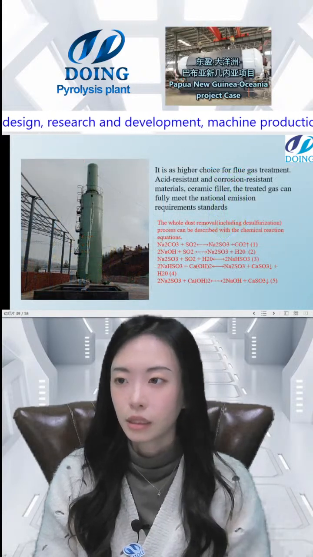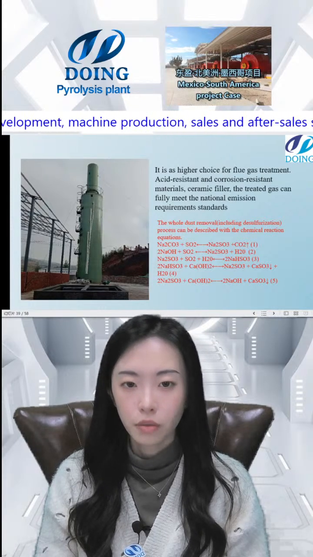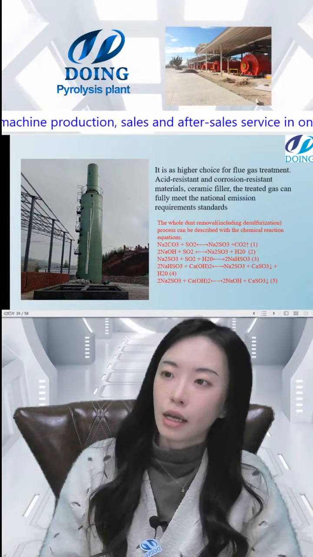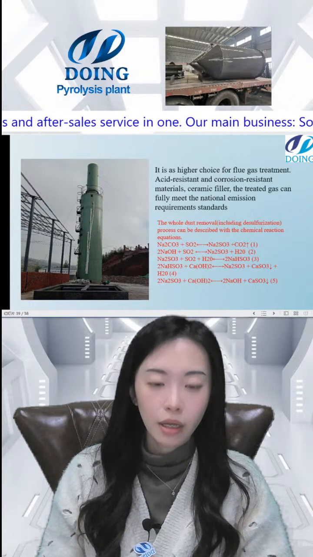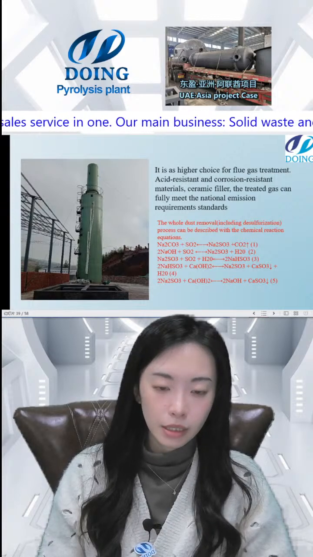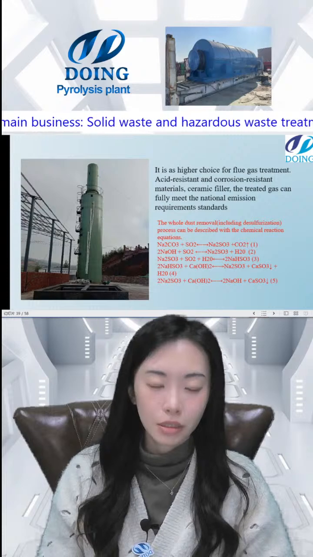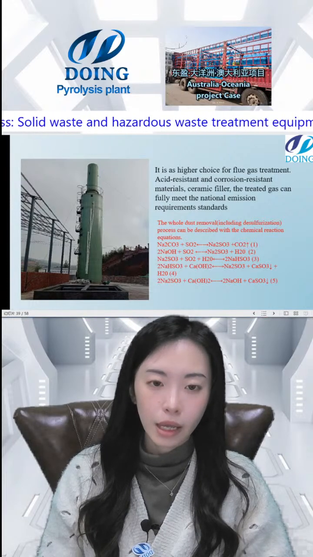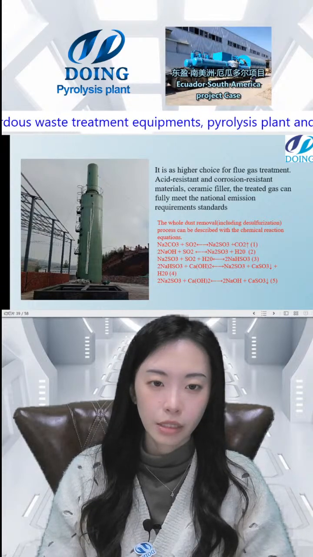And this is the purification tower, the desulfurization tower we also call it. And this is a high choice of the flue gas treatment. We have different programs for you. If you have this business in a region that doesn't have many strict policies, then we can get a standard certificate of the purification device.